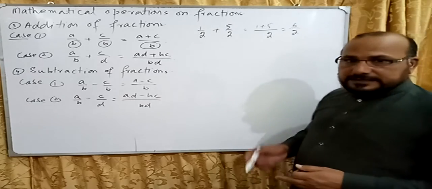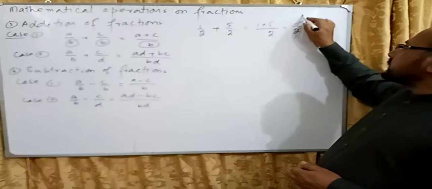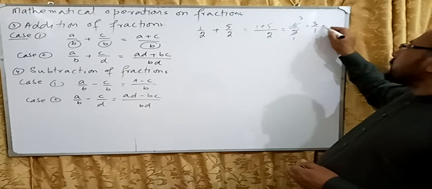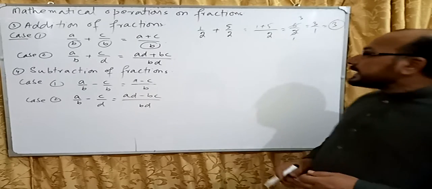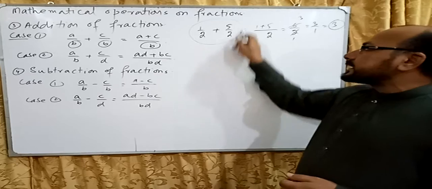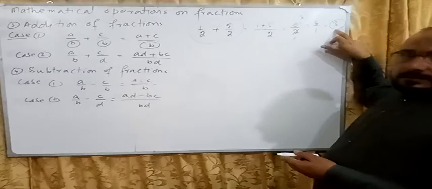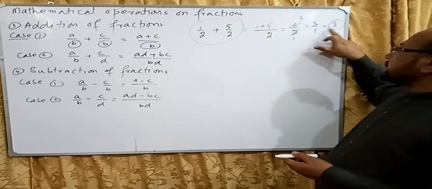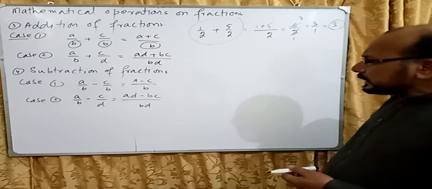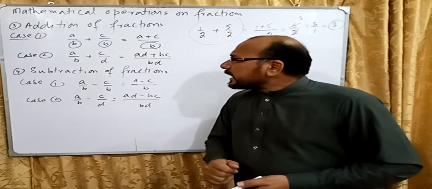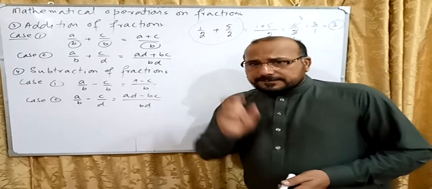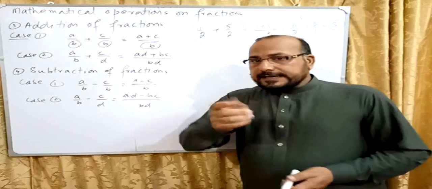You can simplify it also: 2 ones are 2, 2 threes are 6, so it becomes 3 by 1, or simply 3. So this is how you can add fractions if you have the same denominator.